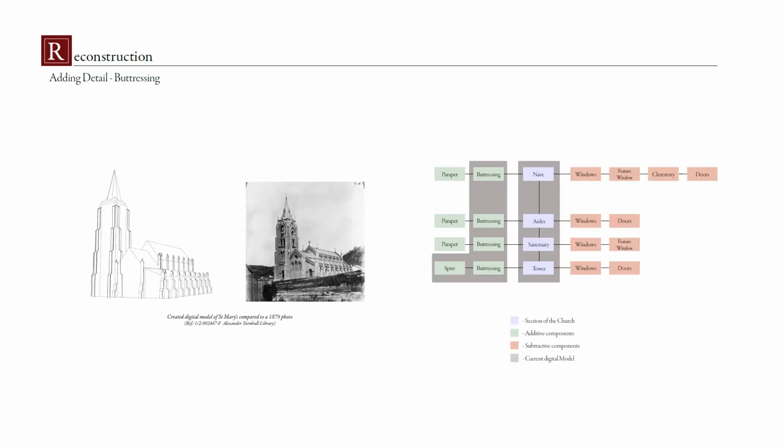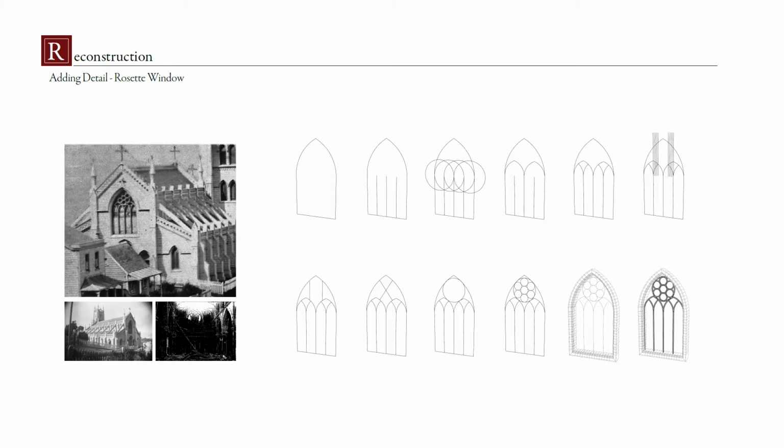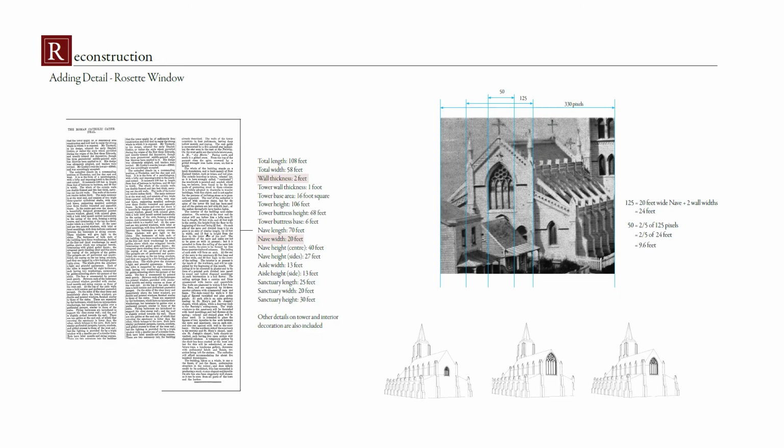The next detail area was the rosette window, and so these were the main photos used for its reconstruction. Reflecting on how Gothic geometry is created, it was just a matter of figuring out how to create this shape using just circles and lines. Once I had the basic shape, I could extrude profiles along the lines to create the three-dimensional form.